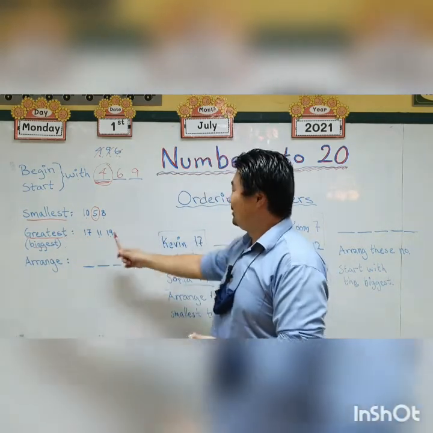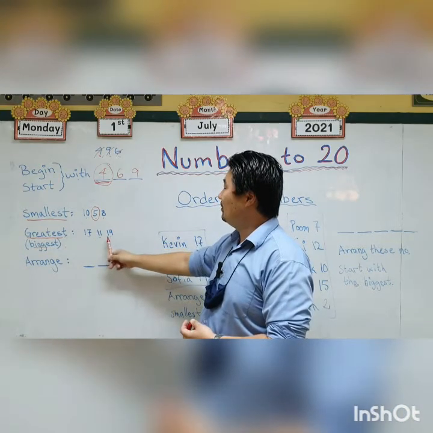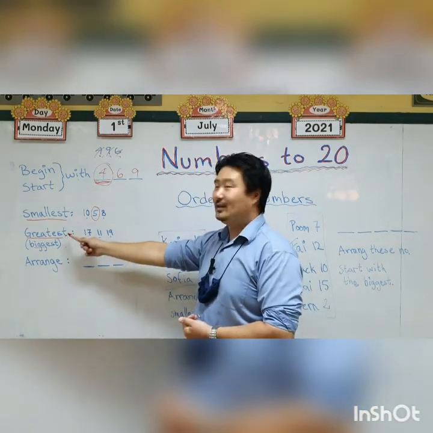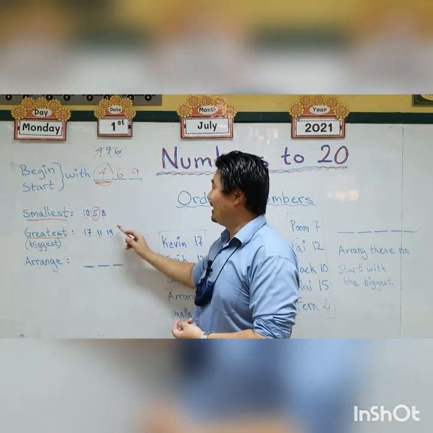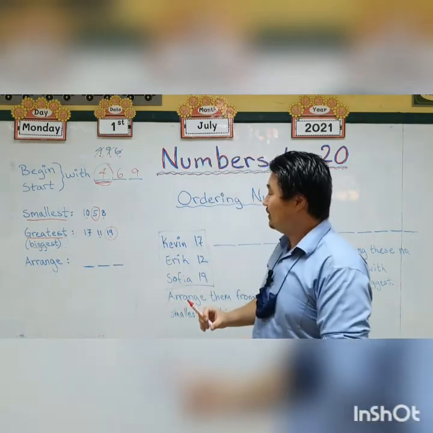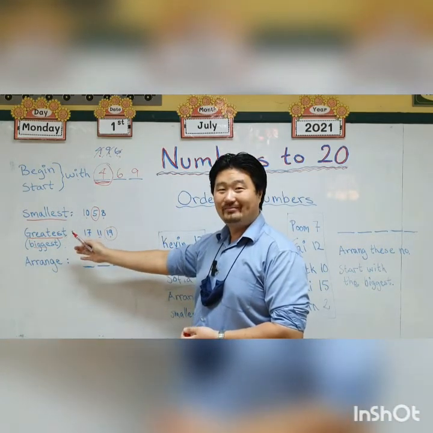Okay? So, which is the greatest number? 17, 11, or 19? Which is the biggest number? 19. Right. Good.